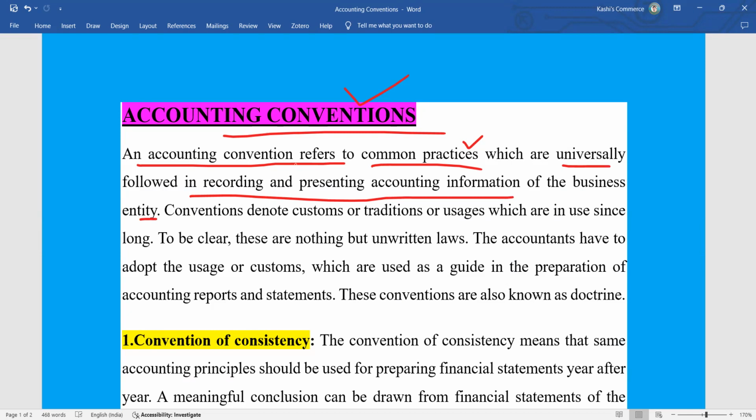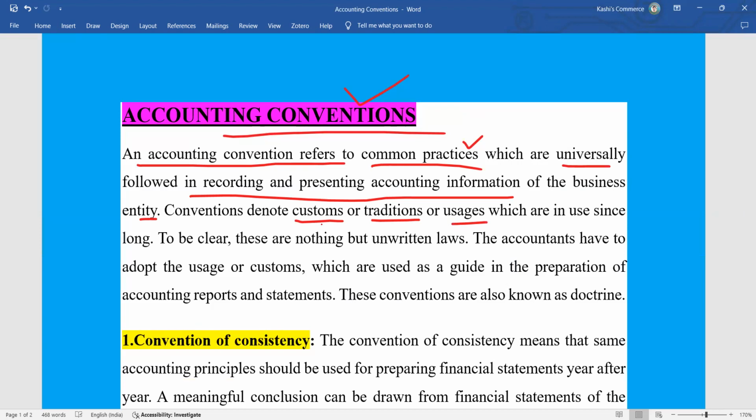So here we can also denote the conventions as customs or traditions or usage.